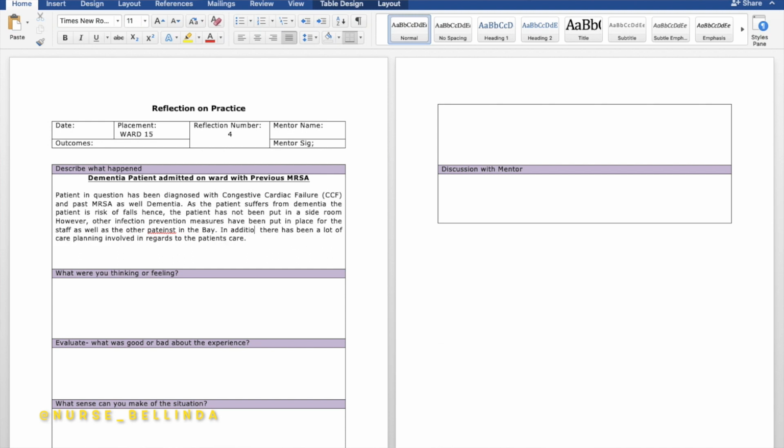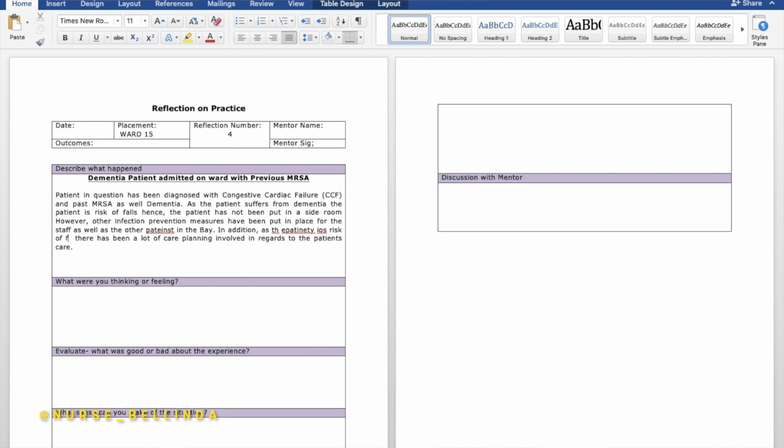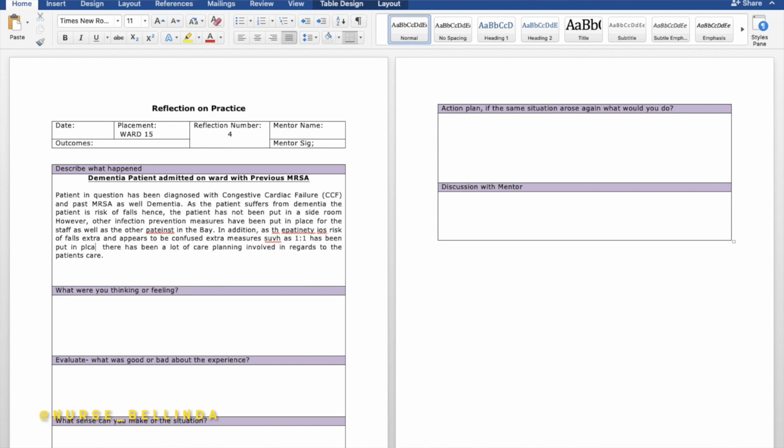In addition, as the patient is at risk of falls and appears to be confused, extra measures such as one-to-one have been put in place for the patient's safety.